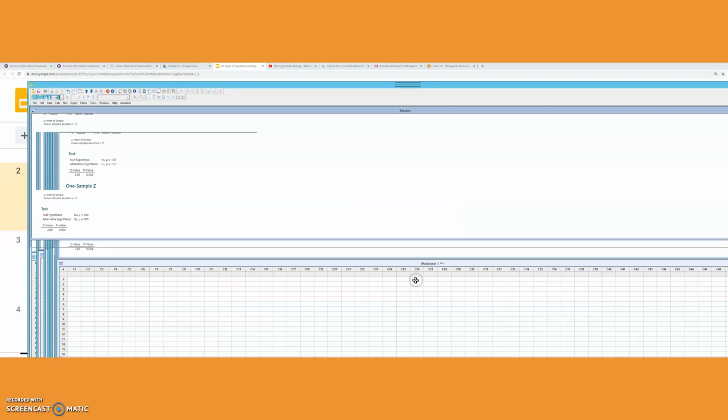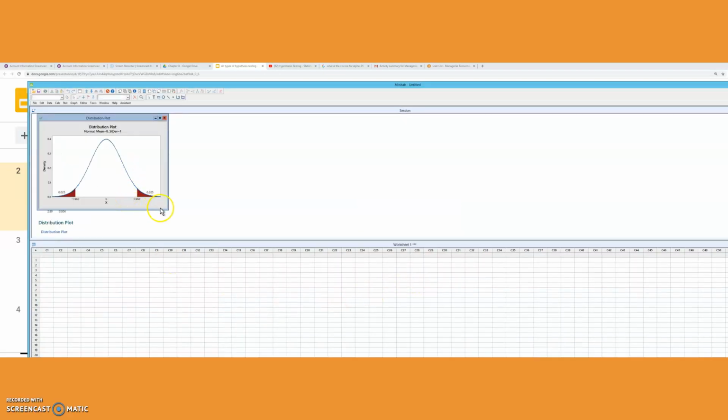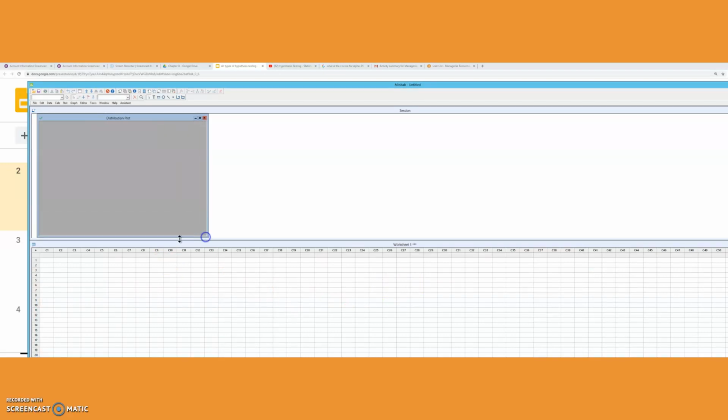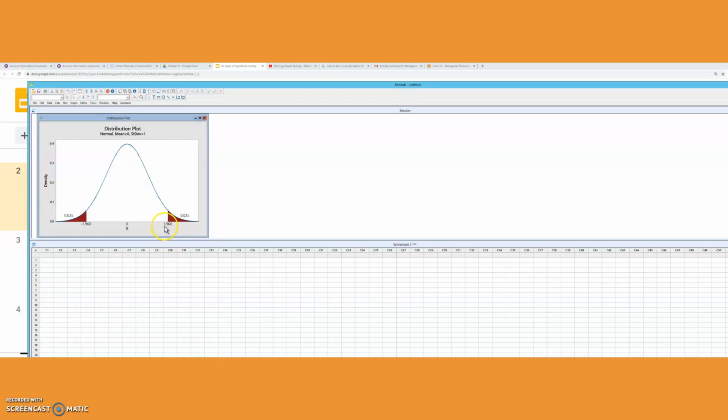In no time we'll find the z-score, which is going to tell me the start of the critical region, which is 1.960 and minus 1.960. So as a result, you need to notice that we're going to start at 1.96. Here we go.